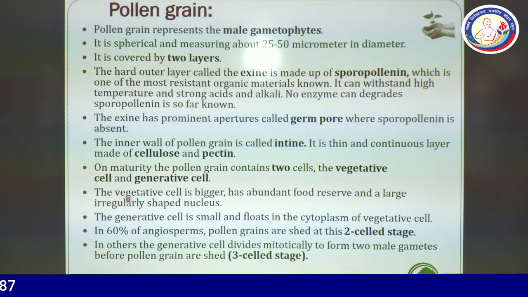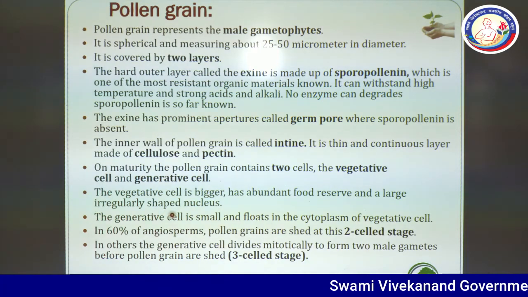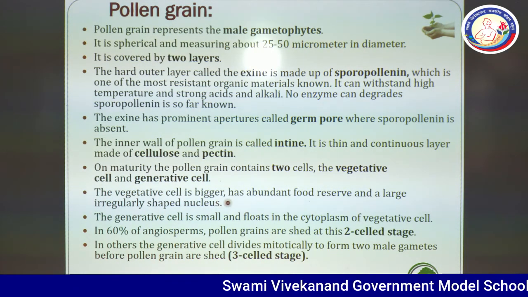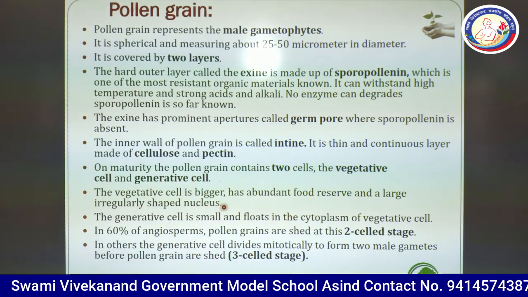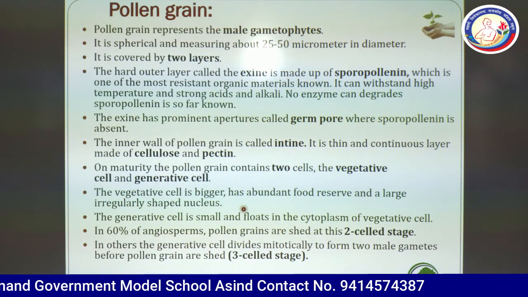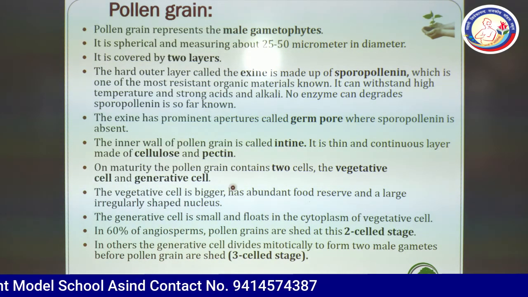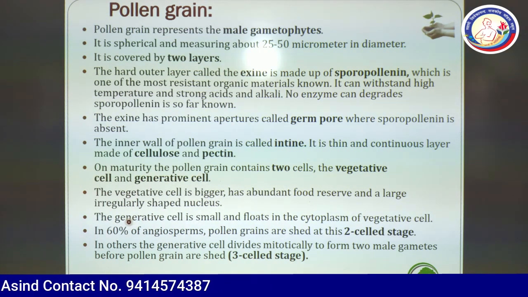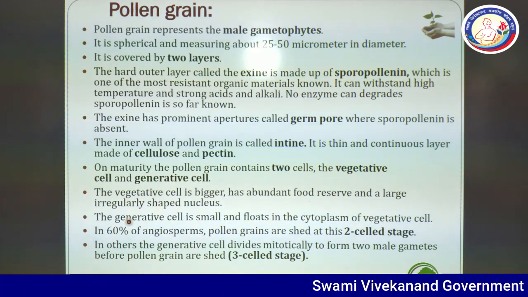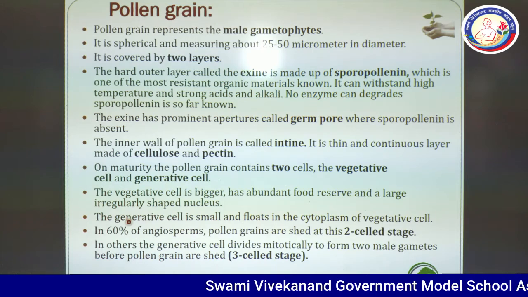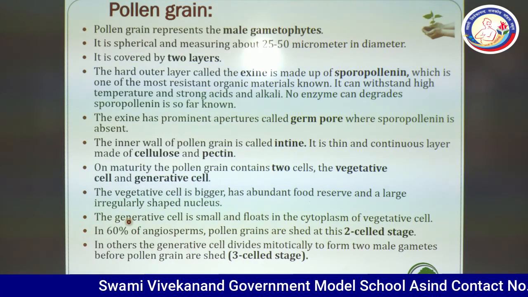When we differentiate them, you can see the vegetative cell is bigger, it has abundant food reserve and a large irregularly shaped nucleus. The second cell is the generative cell. It is small and it floats in the cytoplasm of the vegetative cell. So you can see the generative cell is floating in the cytoplasm of the vegetative cell.